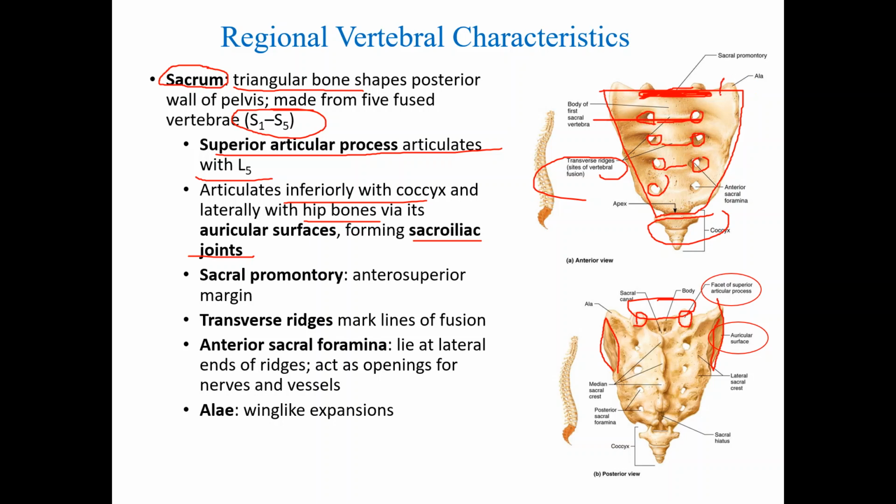Then we can recognize another feature. These are wing-like projections that are called ala or ali. Ala is singular, ali is plural, okay, shown also here.